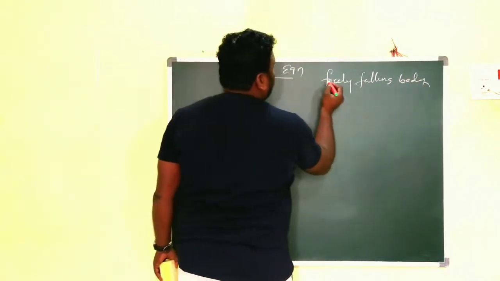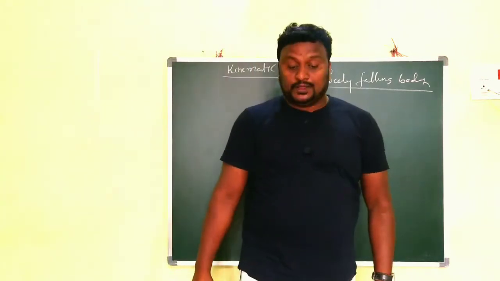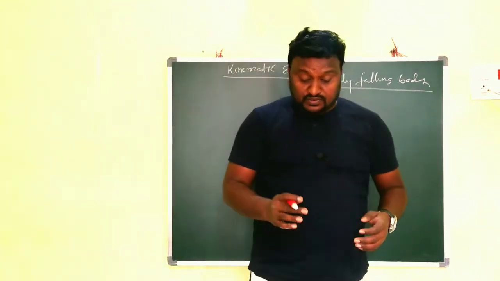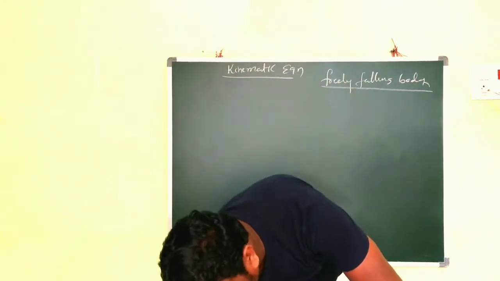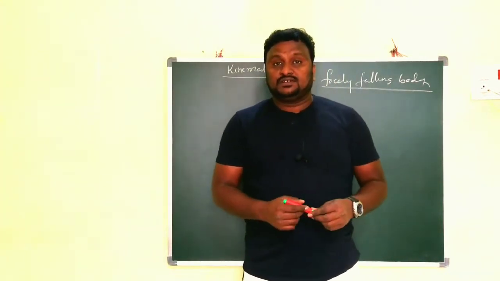Kinematic equations are equations of motion in the case of a freely falling body. So children, the first thing is, what is meant by a freely falling body? We have to know about that.